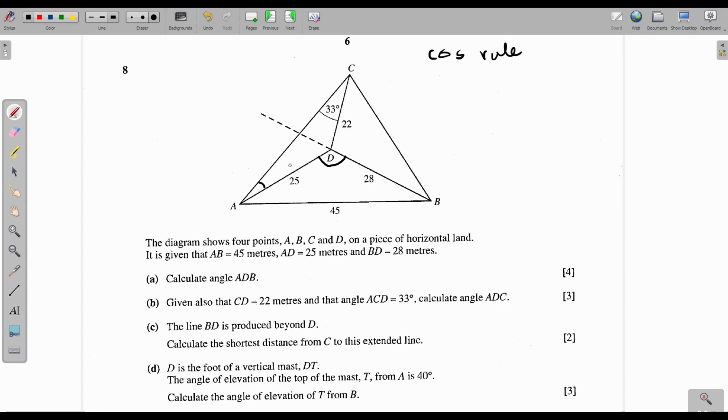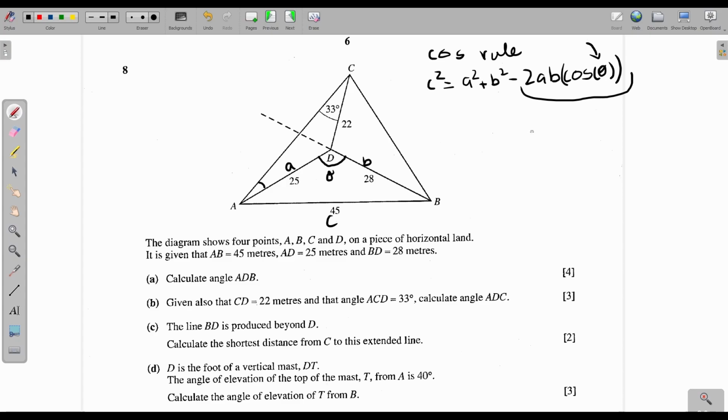Cosine rule, which if we call these sides A, B, and C, basically tells us that c squared is equal to a squared plus b squared minus 2ab cosine of theta, where this angle would be theta. And this is basically the Pythagorean theorem, but the angle is 90 in Pythagorean theorem, which makes this whole term 0.